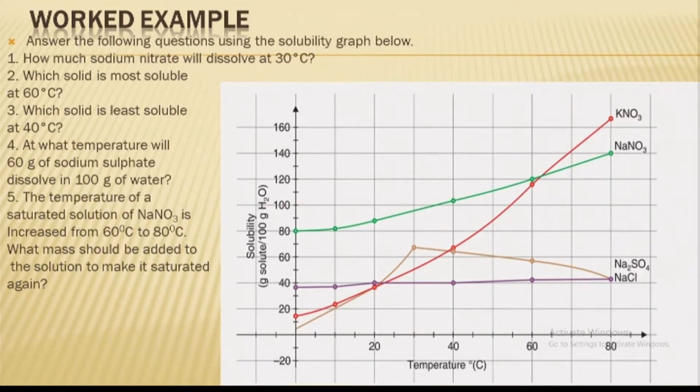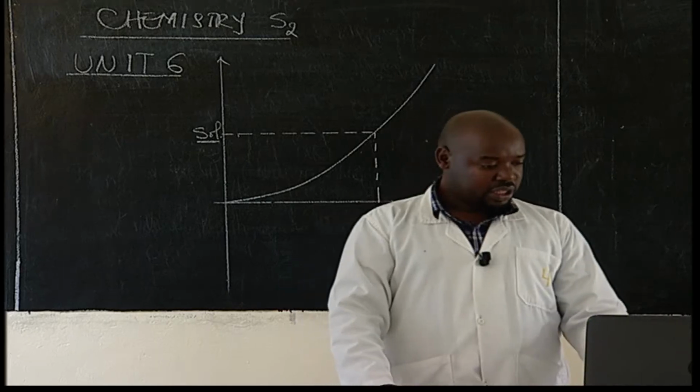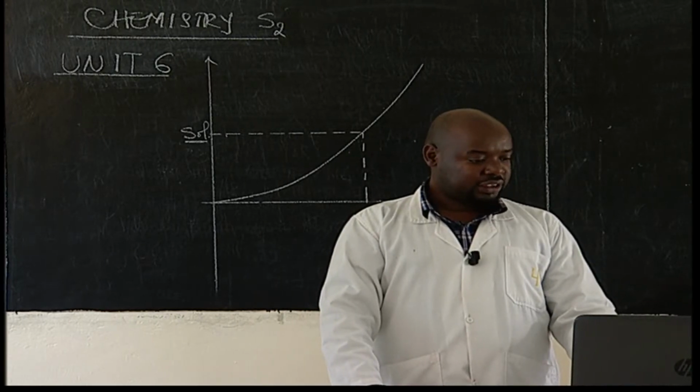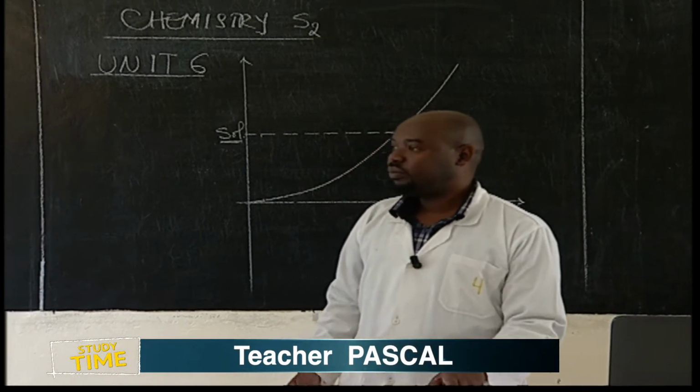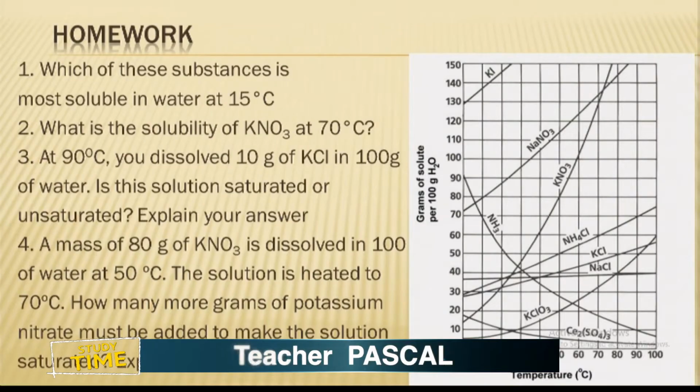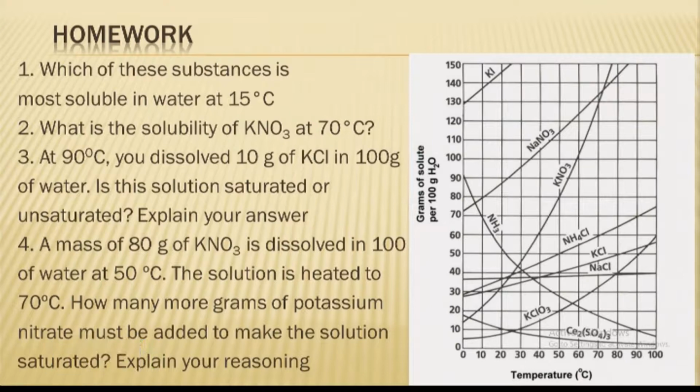And as I'm very sure that it is very clear, let me give you an exercise. The homework. Which of these substances is most soluble in water at 15 degrees? You will use the graph we have here.